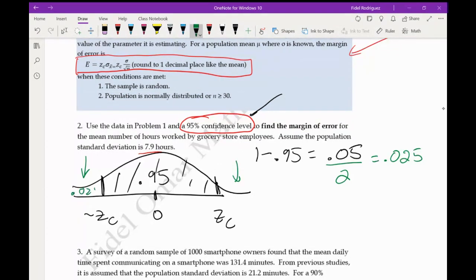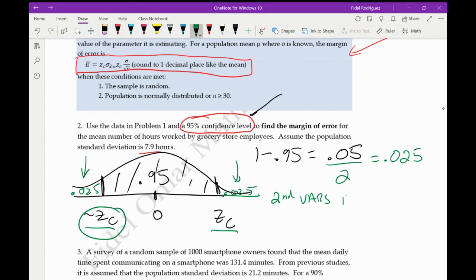That's going to be the area under this piece, and that's going to be the area under that piece. So now, one way I can find my critical value, I can find this one, and then guys, remember, once I find this one, I already know that one is going to be the same thing but without the negative.